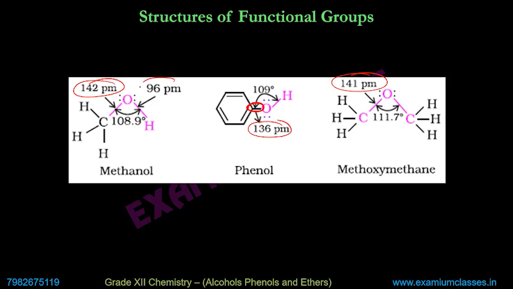With hydrogen, it is 96 picometer, because hydrogen is a very small atom. So oxygen and hydrogen, very small hydrogen, that's why this bond length is small. But oxygen and carbon are larger groups, larger atoms, so that's why there is a larger bond length between C and O. Between oxygen and hydrogen, it will be a very small bond length.